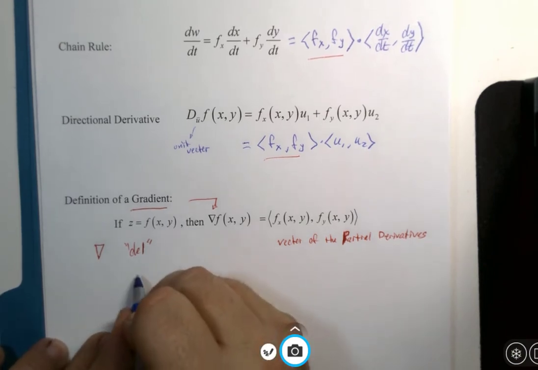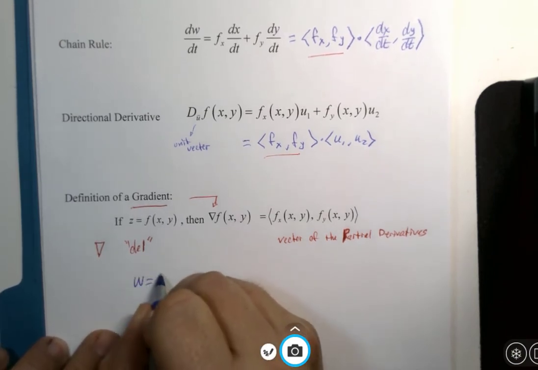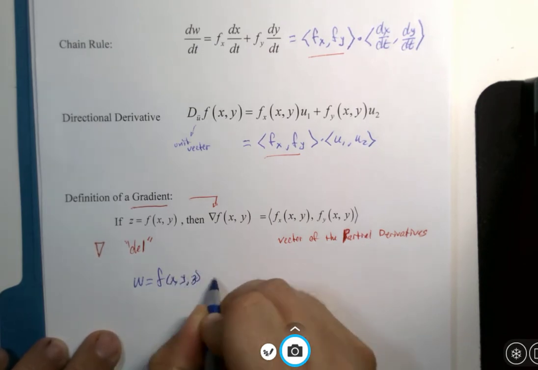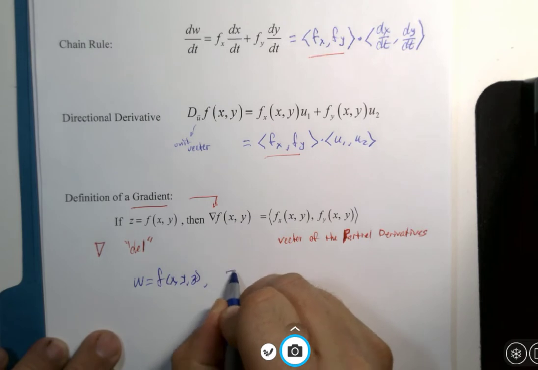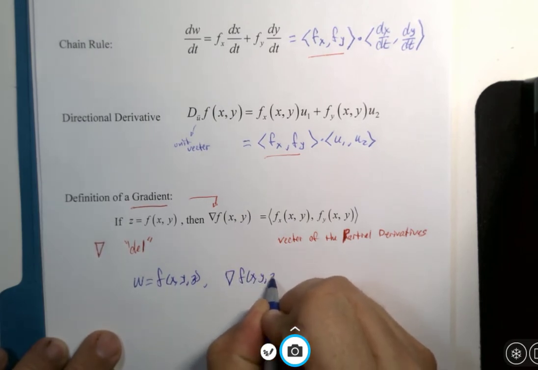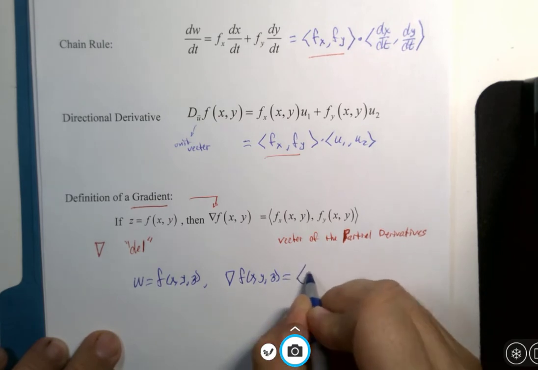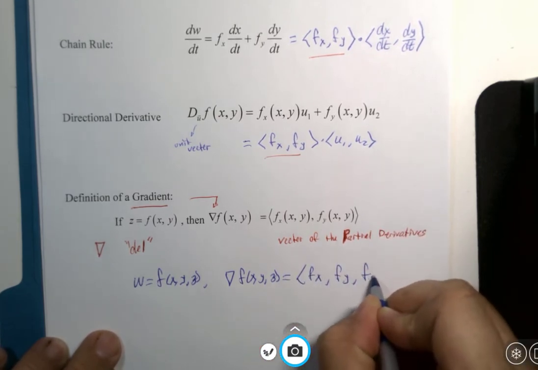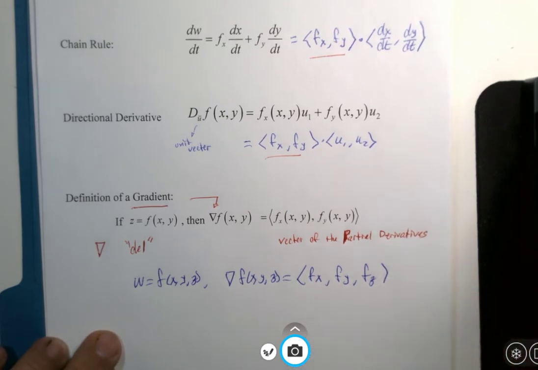And if you had a function of three variables, f of x, y, z, then the gradient of that function would be a vector with x partial derivative, y partial derivative, z partial derivative. Okay? So far so good?